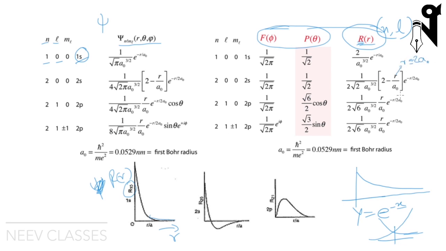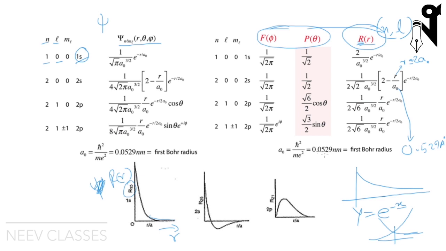What is a naught over here? I hope you remember that. A naught is what came as Bohr's radius, which was 0.529 angstroms. It's around 53 picometers, sorry, not nanometers, I'm so sorry.